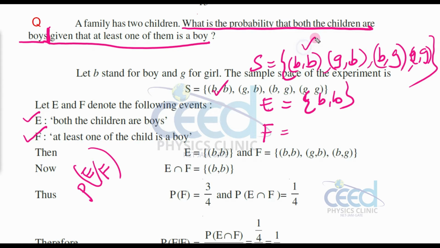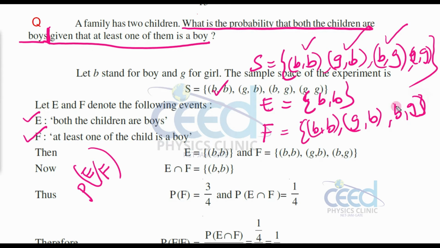So here at least one boy, here at least one boy, here at least one boy. Here there is no boy. So F is BB, GB and BG, right? Now P of E given F: we want to find E, both the children are boys, and F has already happened.